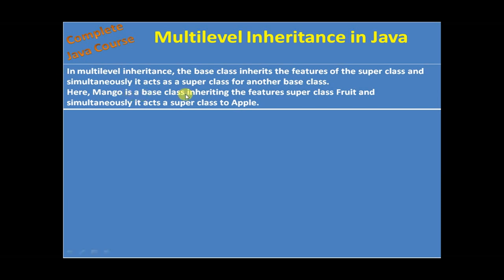Here mango is a base class inheriting the features of superclass fruit, and simultaneously it acts as a superclass to apple.